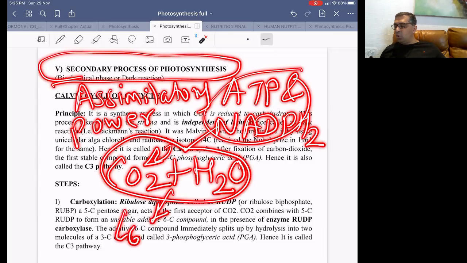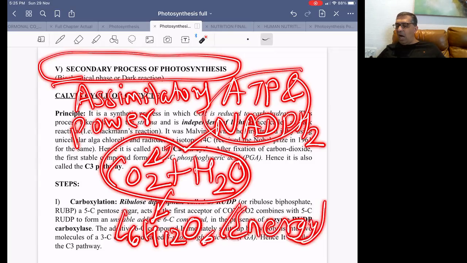In other words, glucose is formed, and glucose is rich in energy. What is this process called? Dark reaction. Where does dark reaction take place? In the stroma.